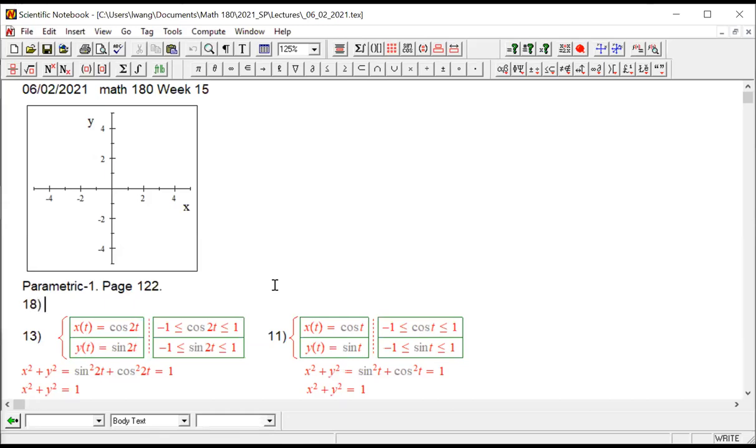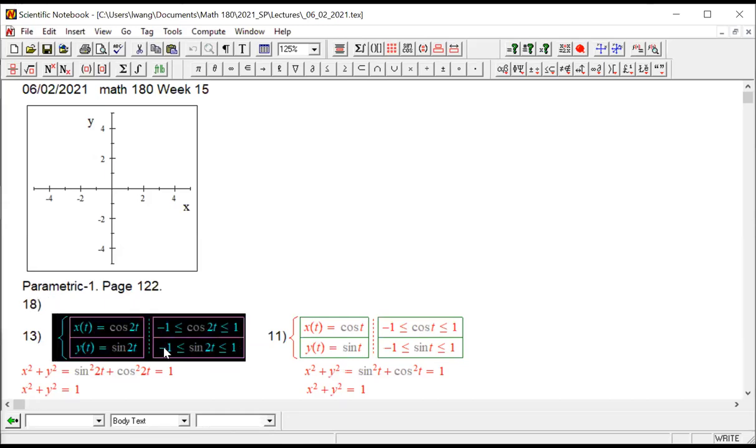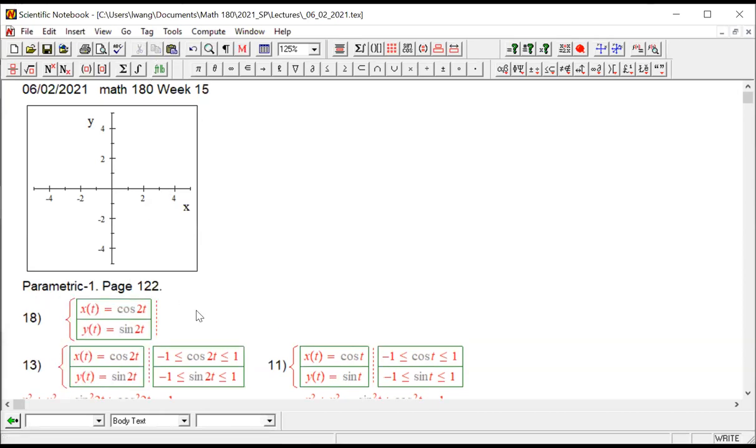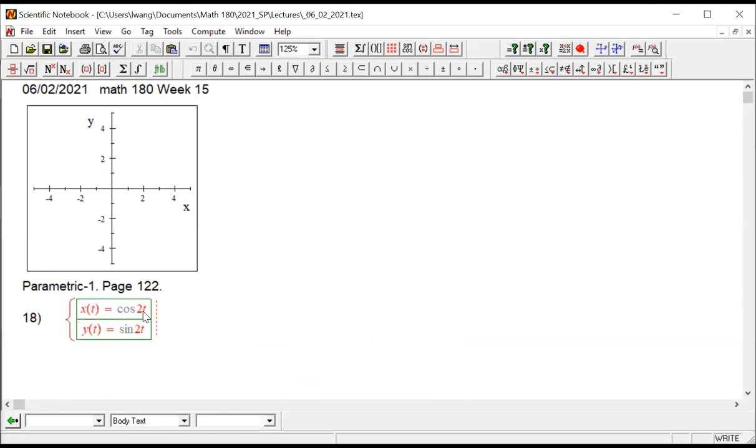Okay, so number 18, you have this: x is 4 times sine of t and y is 3 times cosine of t.